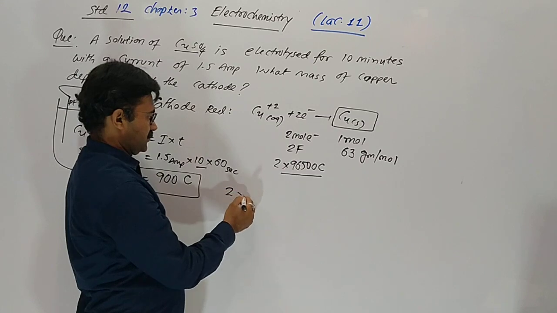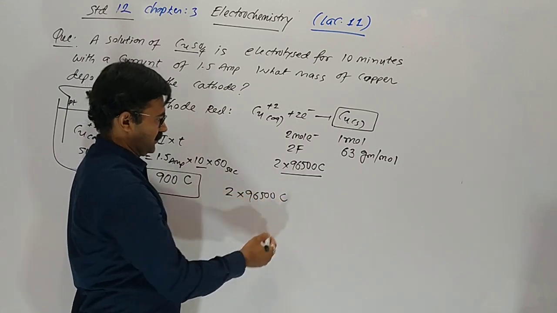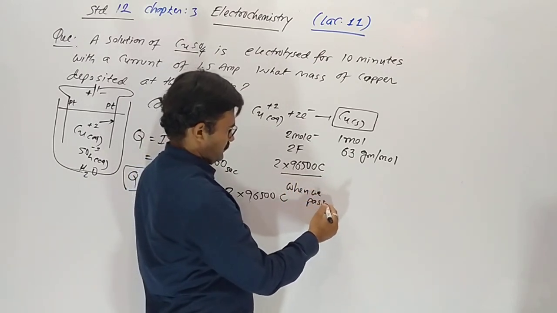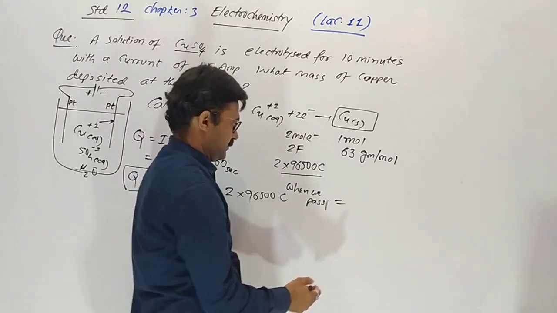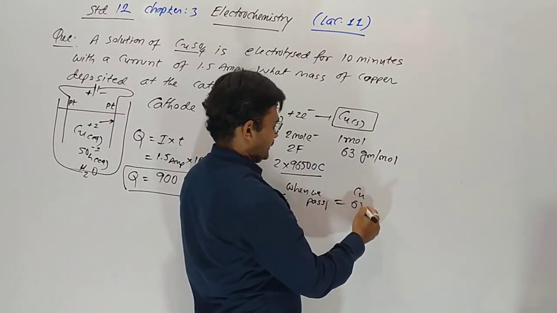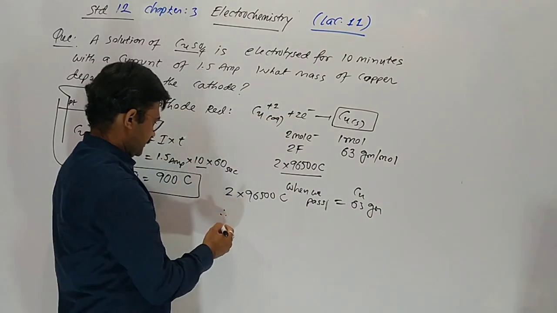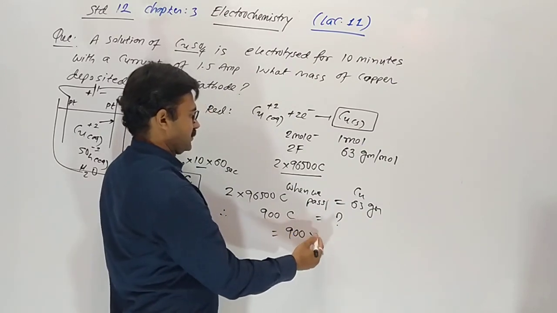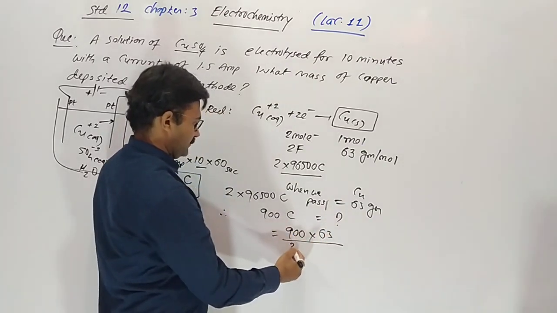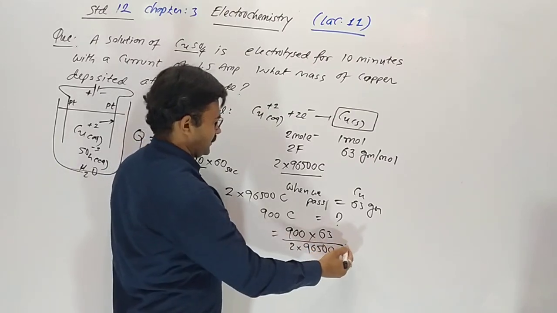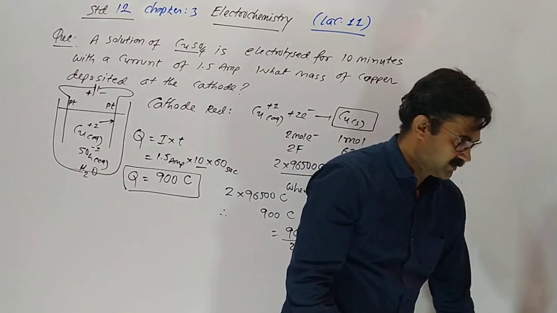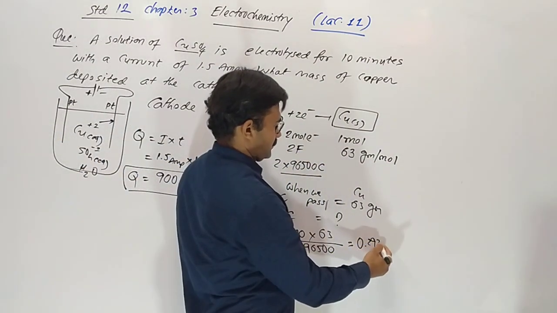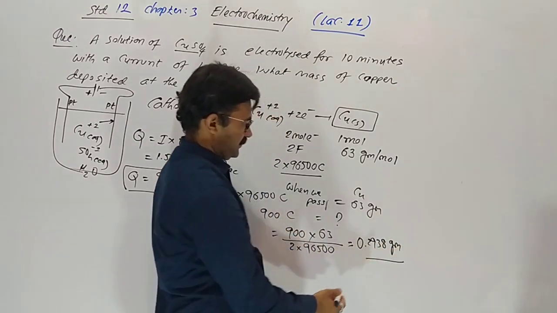So when we pass 2 into 96500 coulomb, the copper derived is 63 gram. Therefore at 900 coulomb it will be how much? 900 into 63 upon 2 into 96500. So our answer is 0.2938 gram. This is our answer.